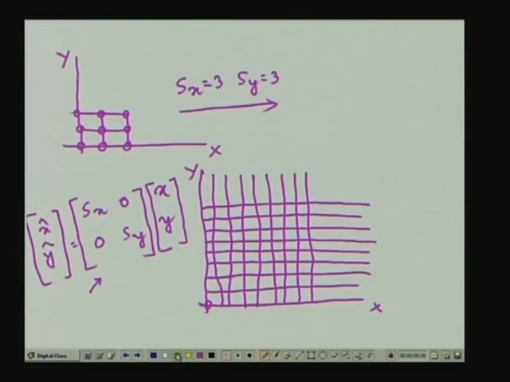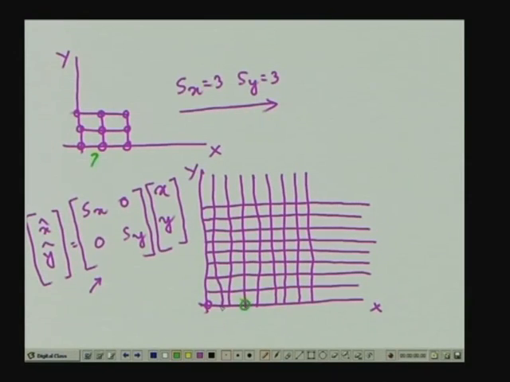But the other pixels, say for example pixel 1 0, which was originally at x coordinate equal to 1 and y coordinate equal to 0, will be transformed so that the y coordinate remains 0 but the x coordinate becomes equal to 3. So, this point will be mapped to this particular location. Similarly, 2 0 will be mapped to the 6 0 location.